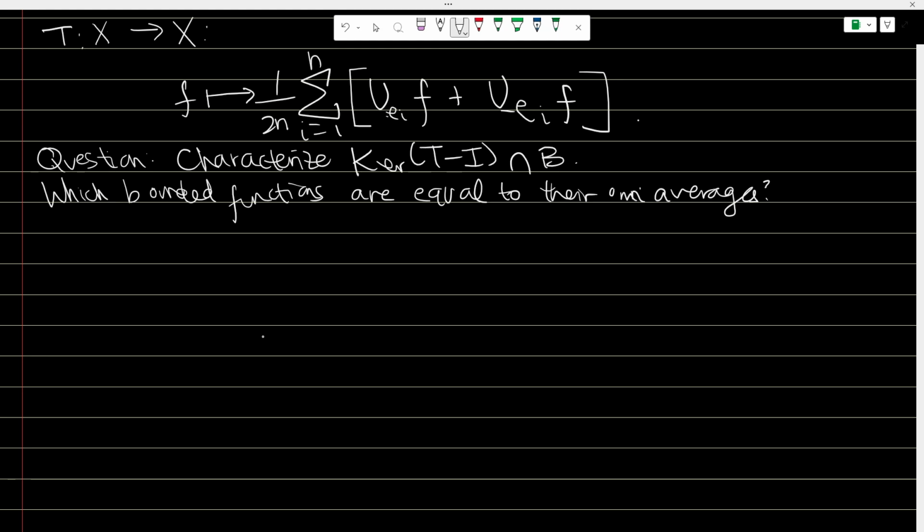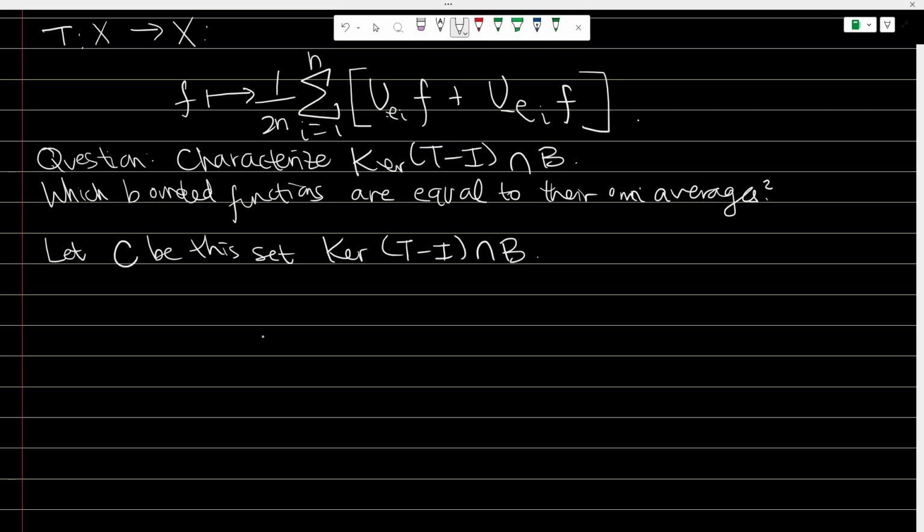And to make our lives easier, I'm going to let C be this set, which is the kernel of T minus I intersect the unit ball.